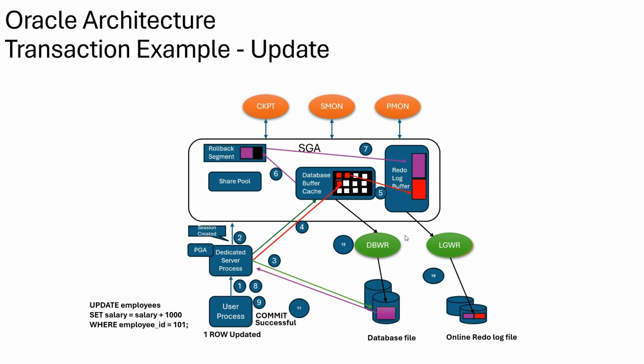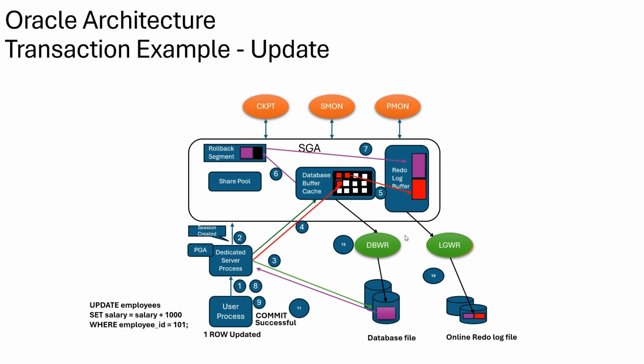DB writer writes the information to the database file. It can write at any point of time. It can write when a checkpoint happens, when commit is done successfully. Then it can also write, and every 3 minutes it writes the information to the database file, all the dirty blocks that will be written back.